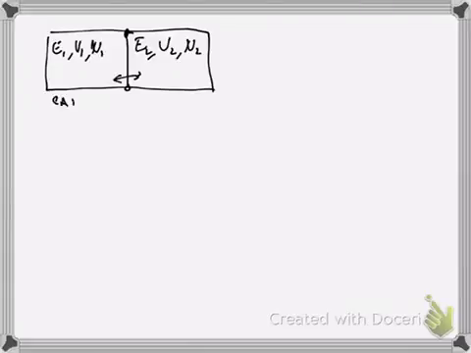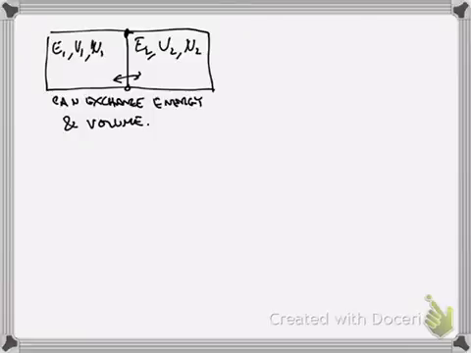So the systems can exchange energy and volume. That's kind of funky, but you can imagine it happening. You can certainly have a thermally conductive partition that's able to slide back and forth here, right?